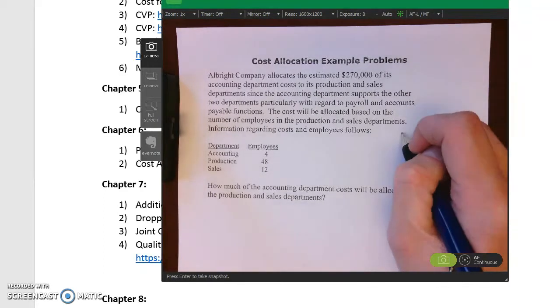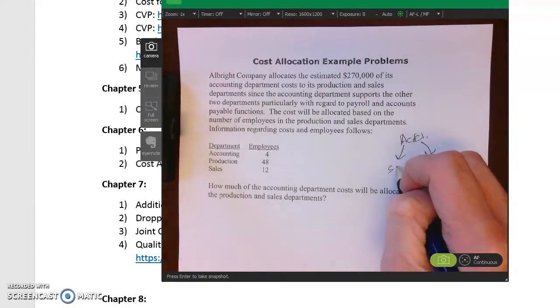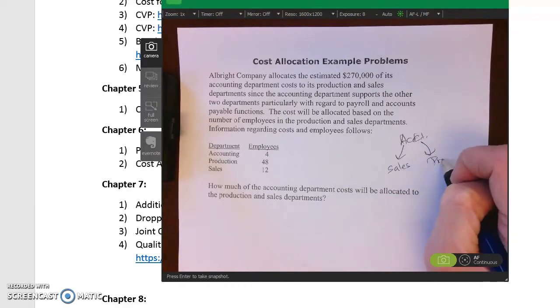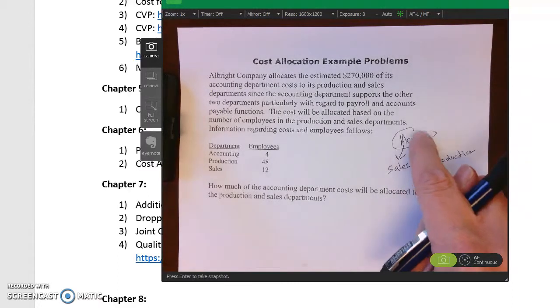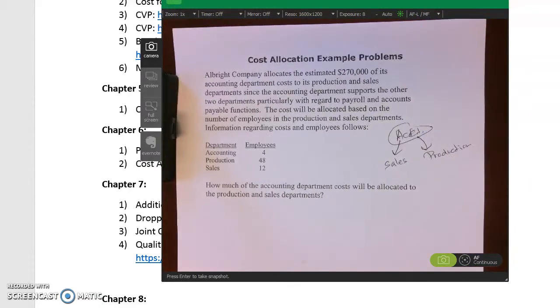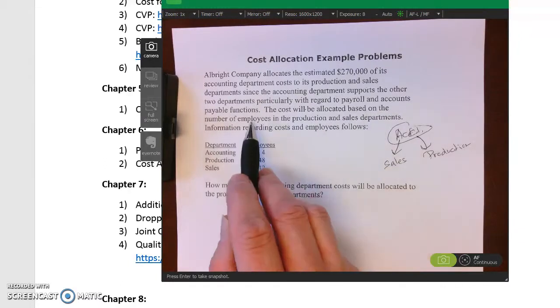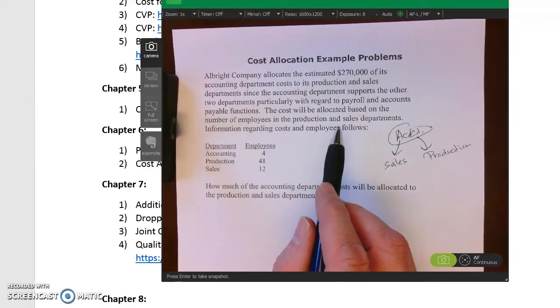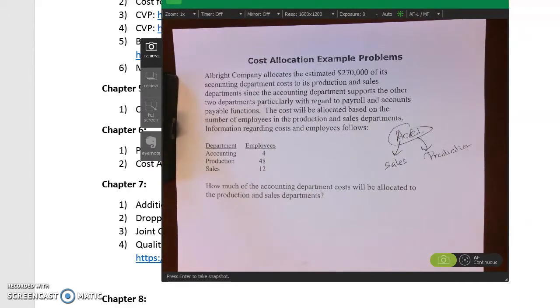So what we're saying over here is we have accounting, and they're going to allocate their cost to sales and production. Okay? And that's because this accounting department is a shared resource. Okay? So they want to allocate their costs out for those reasons that we talked about. Okay? It says over here the costs will be allocated based upon the number of employees in the production and sales departments. So information regarding costs of employees is as follows.